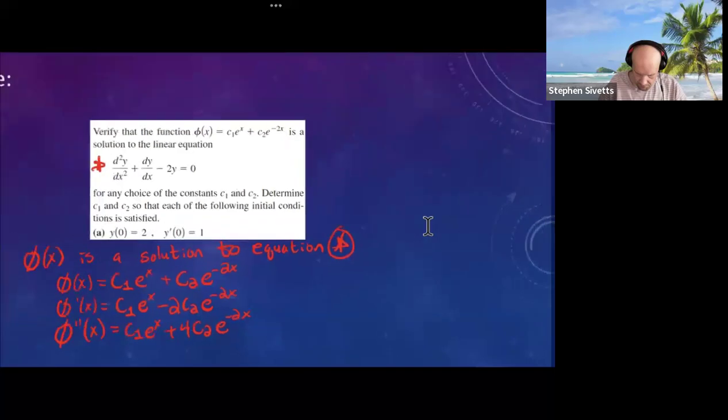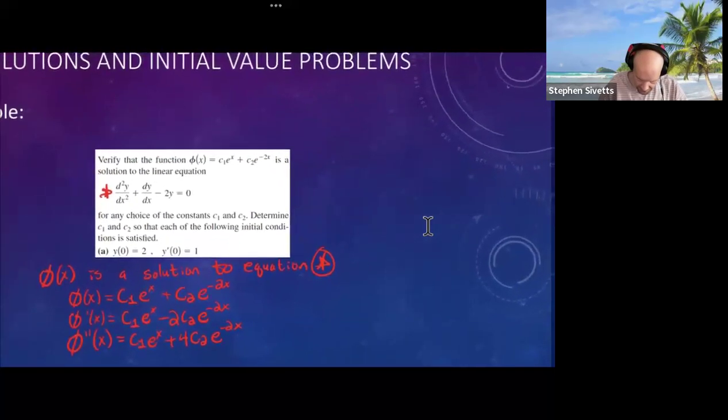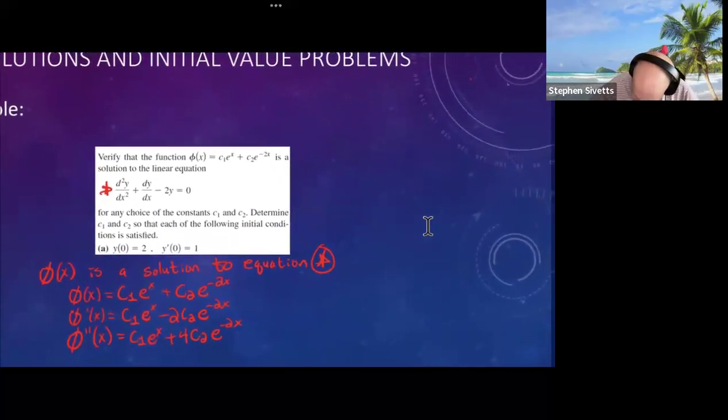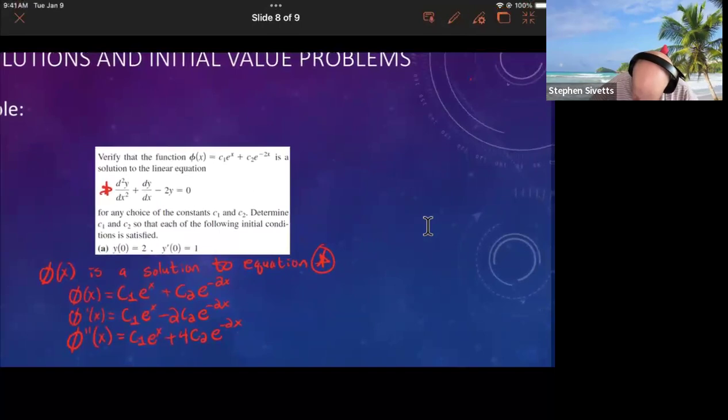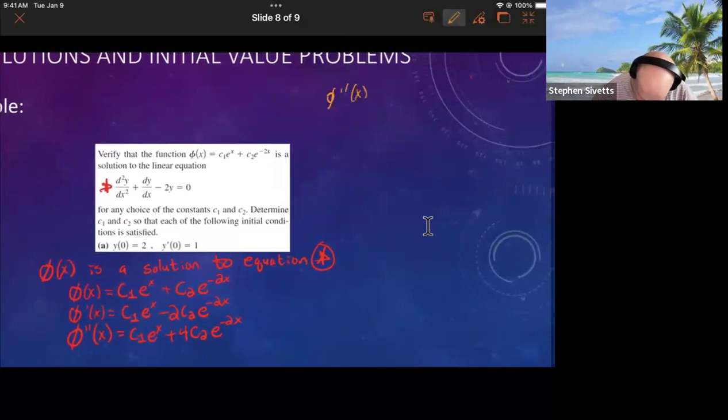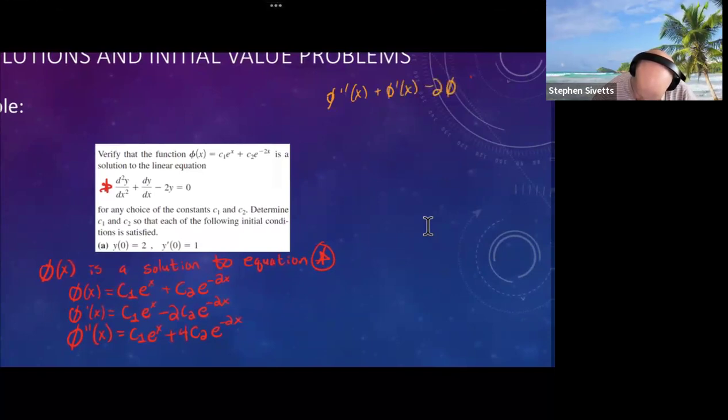So what that means is this equation will become phi double prime of x plus phi prime of x minus 2 times phi, and this has to equal 0.